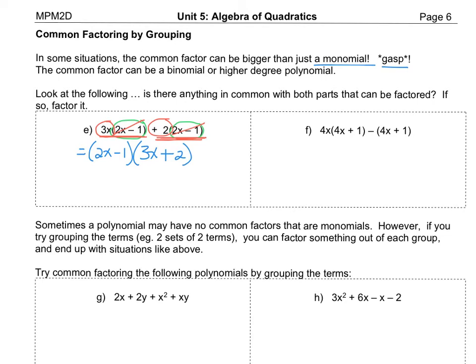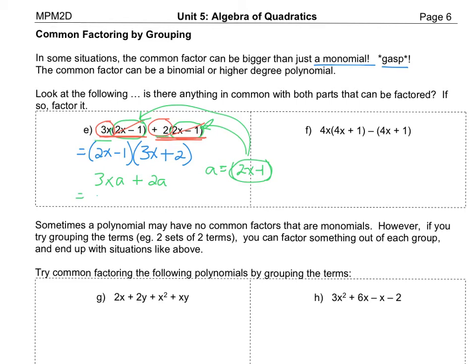Now, for people who may struggle with this, think of it this way. If I had 3xa plus 2a, the a here really is my bracket of 2x minus 1. I'm just taking that 2x minus 1 that I have up here and replacing it with a. So I have 3xa plus 2a.